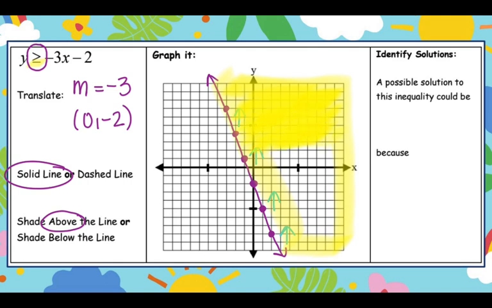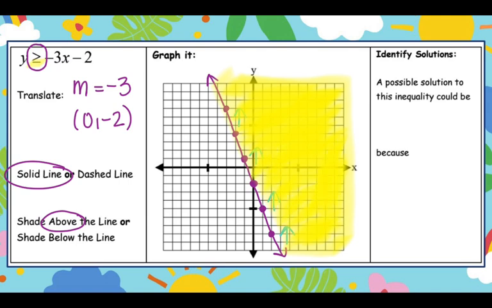And the reason why we shade is because with inequalities, you have multiple solutions. Essentially, you have an infinite amount of solutions. Your solutions can be any point that is in the shaded area, or if you have a solid line, it can be any point that's on the solid line. So identify solutions.